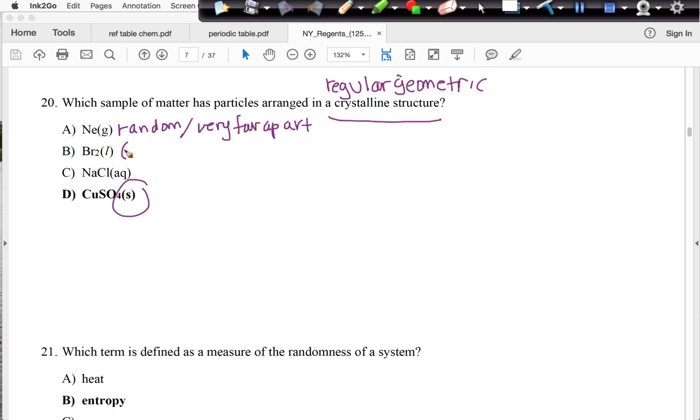Liquid is sort of random arrangement, but close together, slightly further apart than the solid, but not as far apart as the gas. And aqueous is a mixture where we have something dissolved in water.